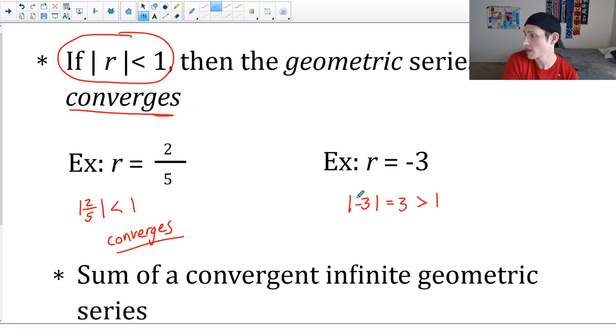So since this is greater than 1, we know that this diverges. Right, if I added up all the terms, I'd get infinity or negative infinity. But as long as the absolute value of the ratio is less than 1, then I know that the series will converge.